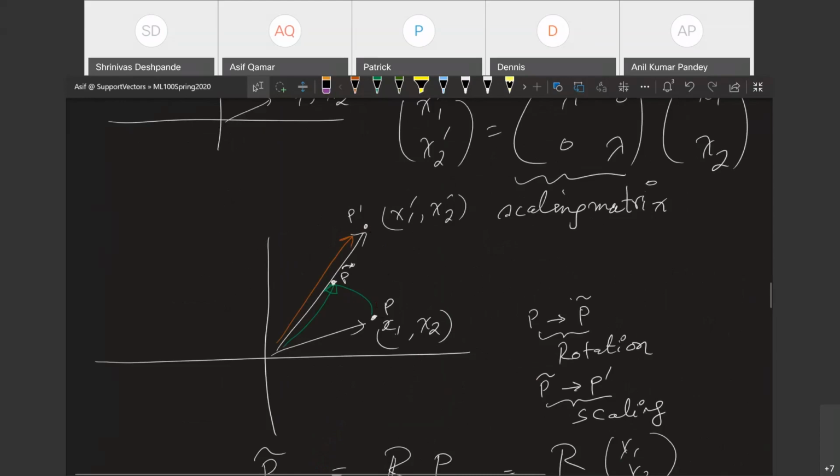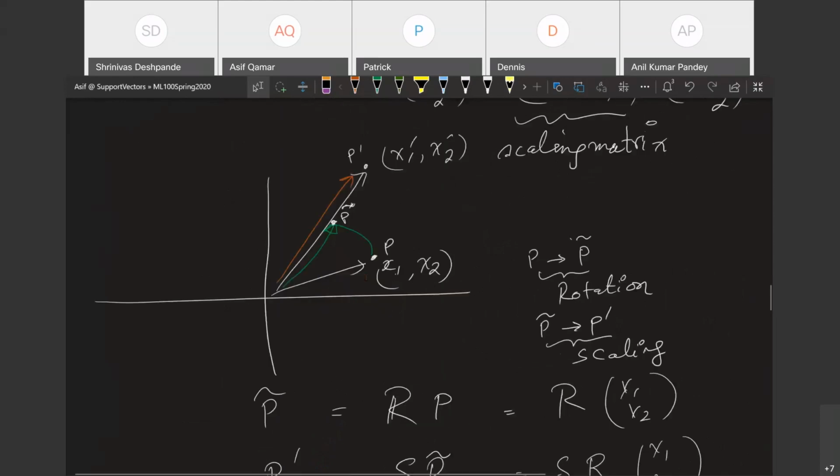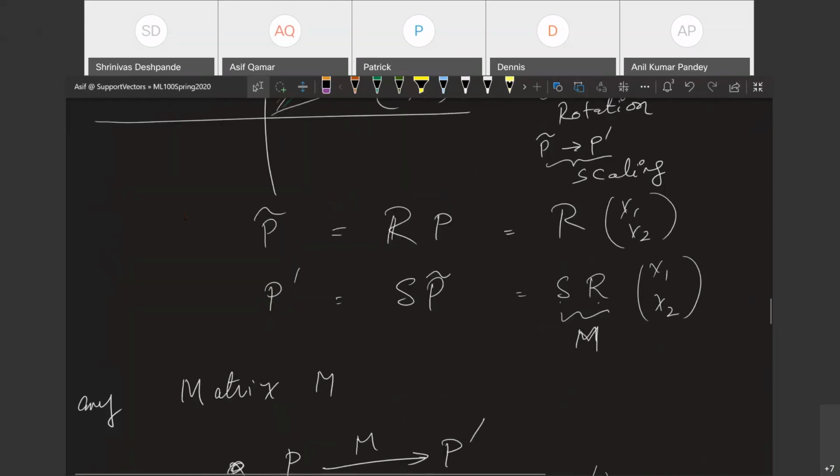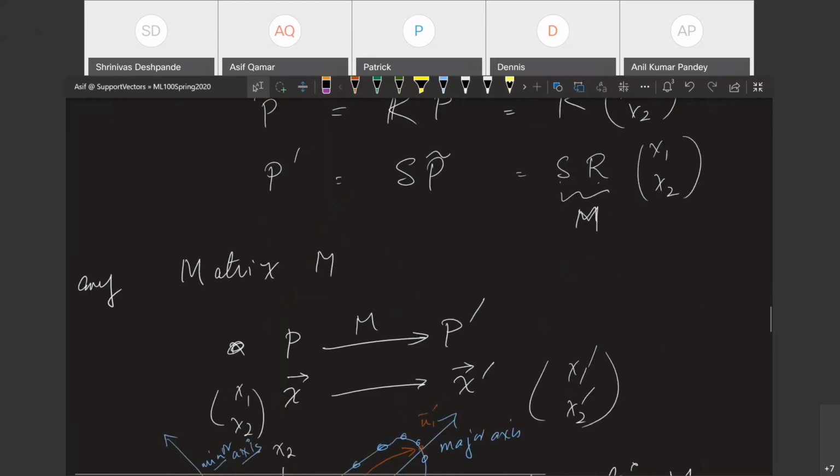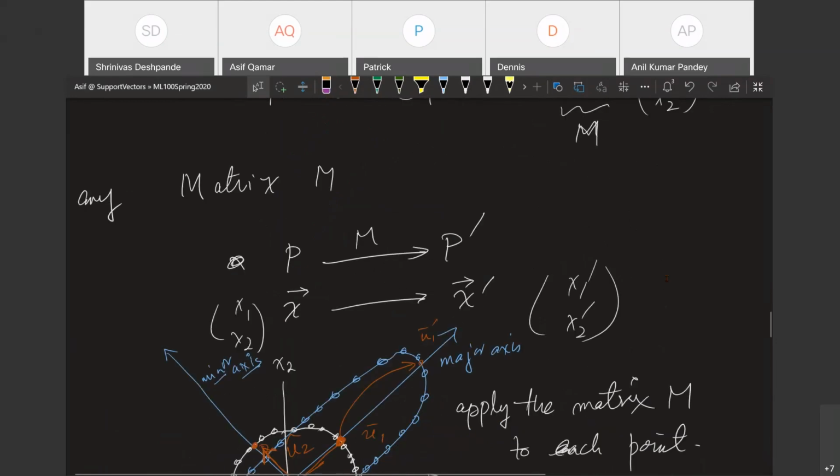You can think of it as a rotation and a scaling. And that's quite interesting, that you can think of any transformation as a certain amount of rotation and a certain amount of scaling. Once you break it up into two parts, you can consider that any transformation is made up of something like this.